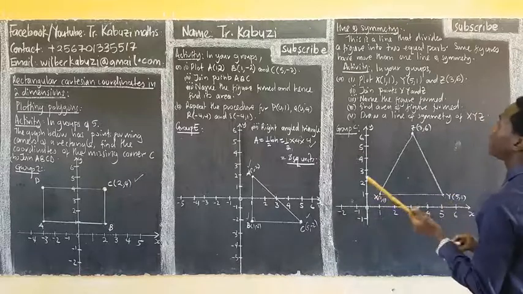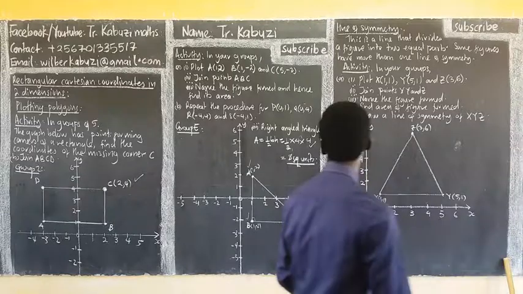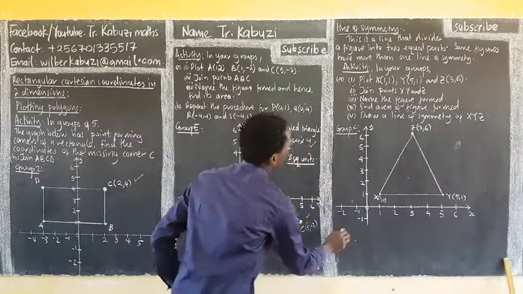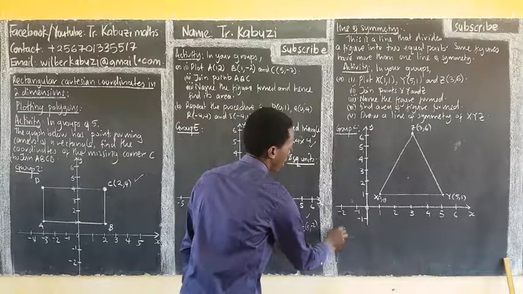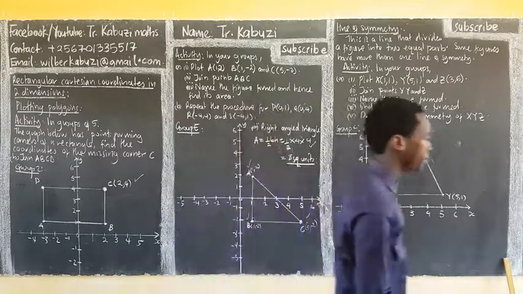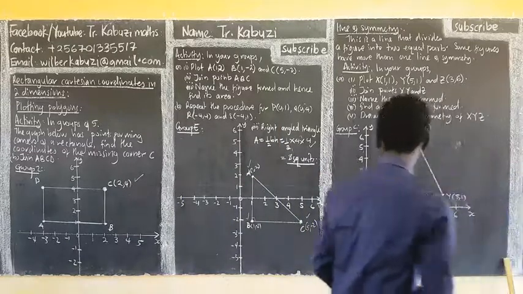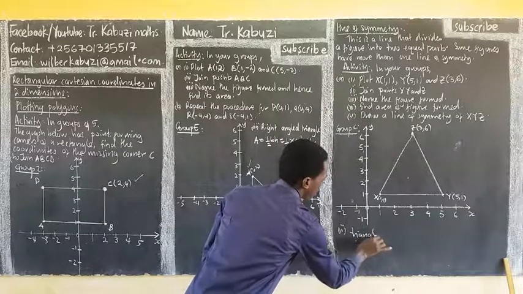So I'm joining x, y, and z. Name the figure formed. I said everything, the work should be on the graph. So here they are saying name the figure formed. What name do they have? They have triangle. Of course, that is a triangle.